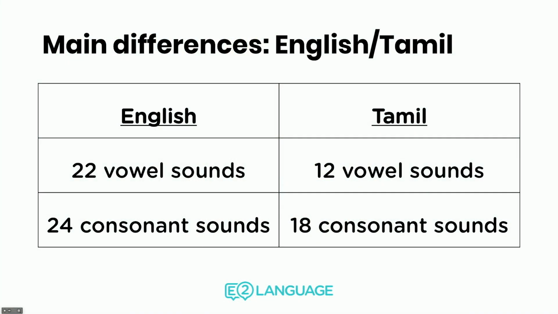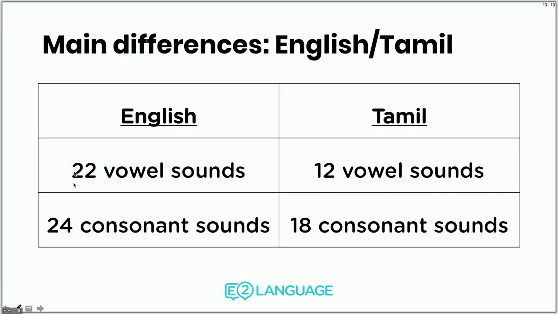Okay, so the main differences between English and Tamil are, in terms of pronunciation, in English there are 22 vowel sounds. In Tamil, there are only 12 vowel sounds. So while Tamil has most of the short vowel sounds, English has a lot of long vowel sounds or diphthongs. So we're going to focus on that in this lesson.